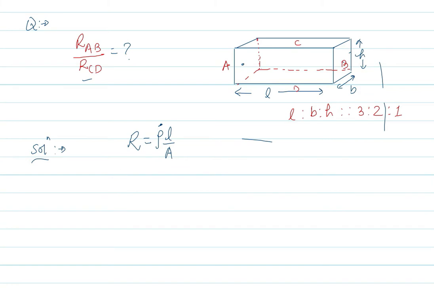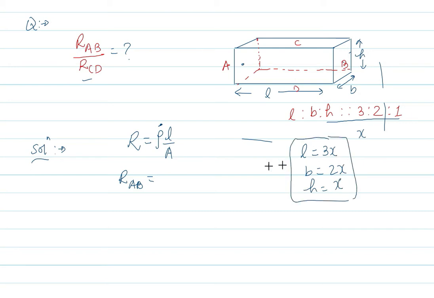So let me write first of all the RAB value. If I consider the ratio constant as x, then I can write L as 3x, B as 2x, and H as x, right? Clear? So let us write RAB first.